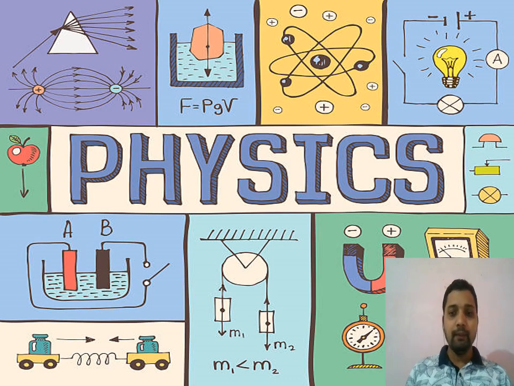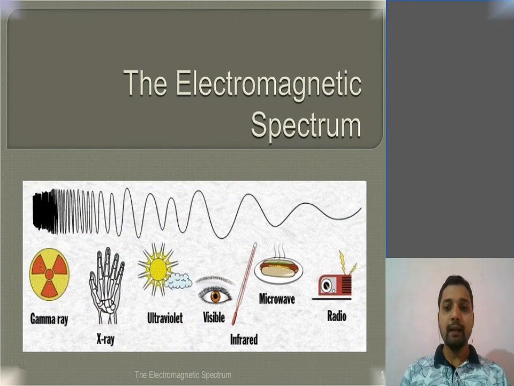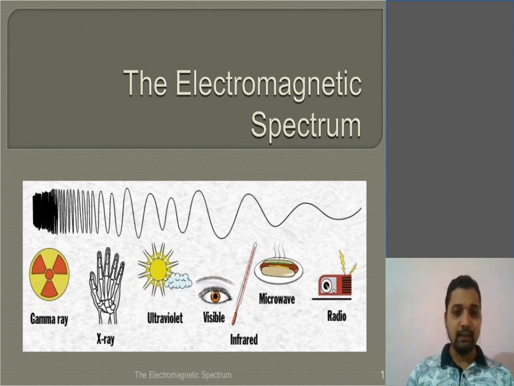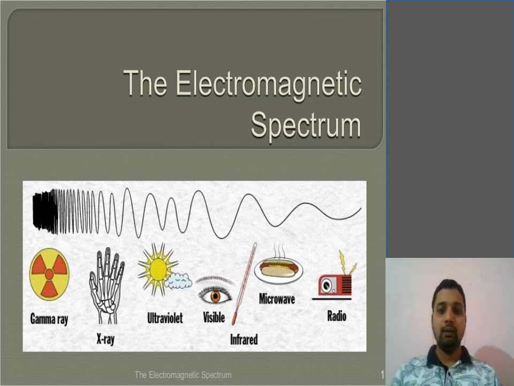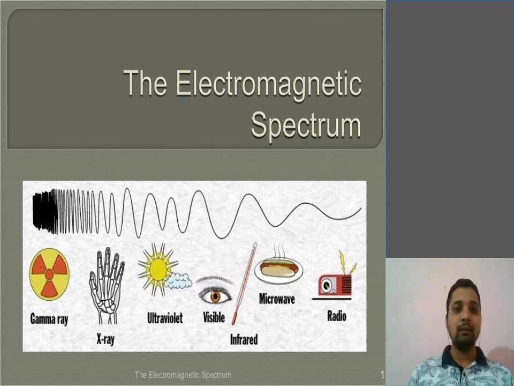Today, I am here to discuss one new topic of class 10th ICSE, which is the electromagnetic spectrum. In this electromagnetic spectrum, we are going to read about different types of rays and their wavelength, detection, properties, and uses. So let us start our topic of discussion, the electromagnetic spectrum.